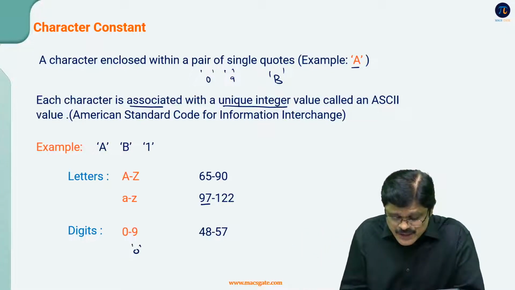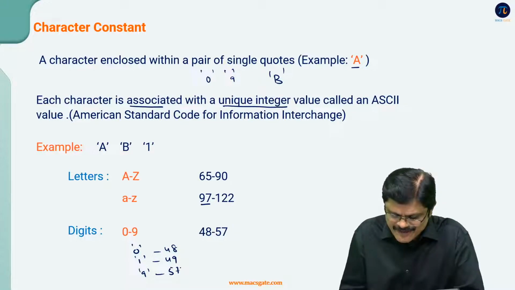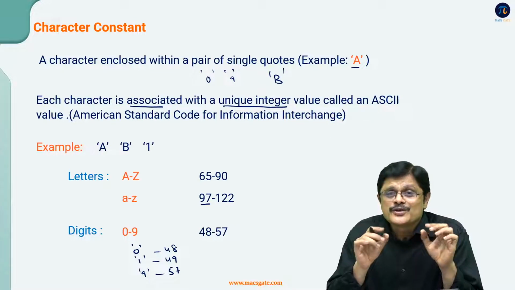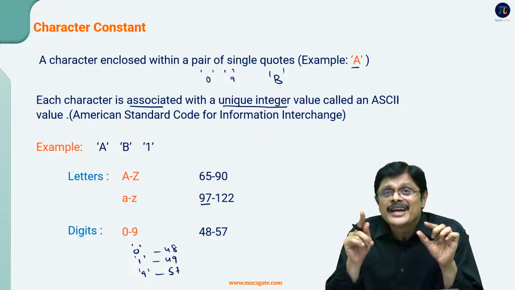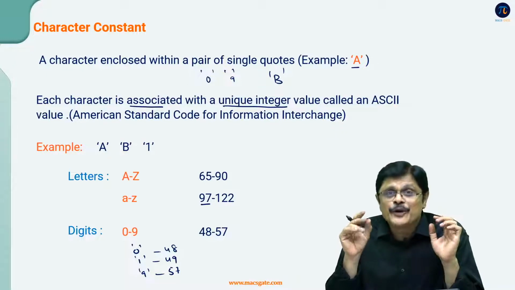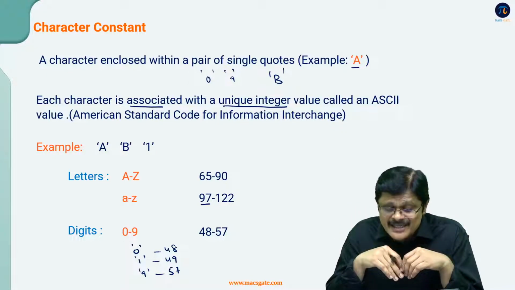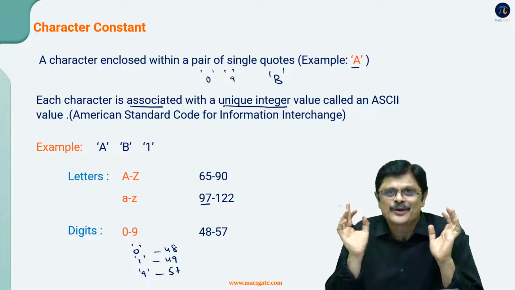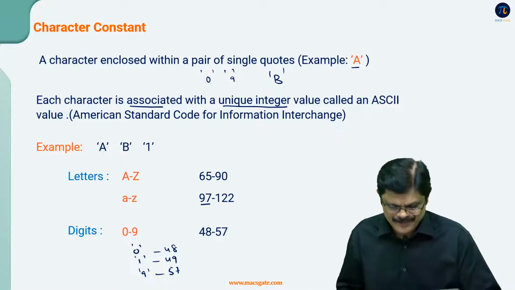See, the character 0 has ASCII value 48, character 1 has ASCII value 49, and character 9 has ASCII value 56. So, this is how these are stored. For each character we have a unique integer value associated, and that integer value we call the ASCII value, American Standard Code for Information Interchange, that is the full form of ASCII.